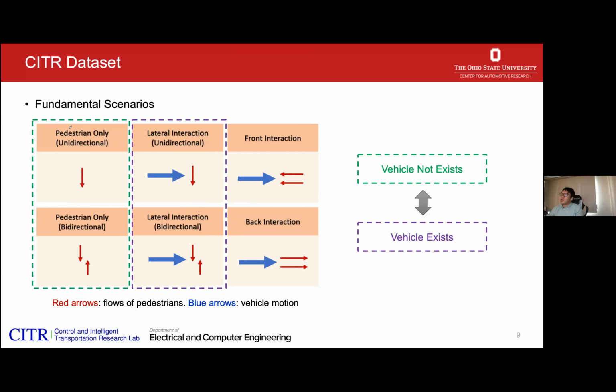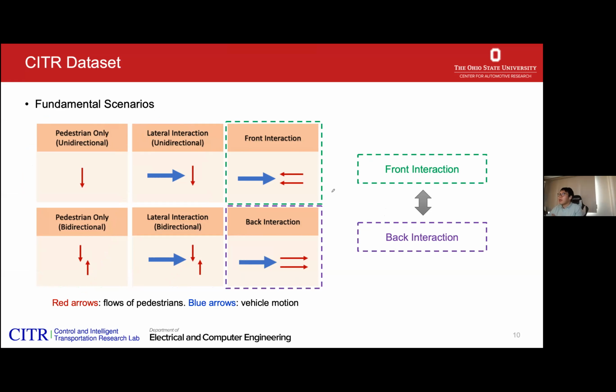Similarly, if we compare the first column with the second column, we can compare the scenarios on whether there is a vehicle or no vehicle. And again, similarly, we can compare the vehicle front interaction with the pedestrians or the back interaction with the pedestrians. So that's how we designed scenarios of the CITR dataset.